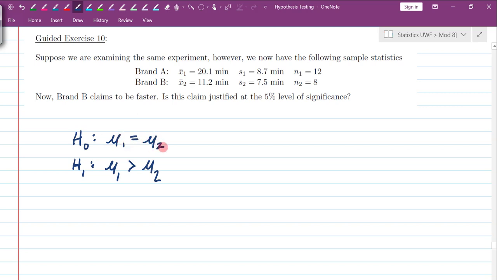So we're just going to say up here that these are equal. So that's step 1. Step 2 is what distribution? We're going to be on the t distribution because I have sample standard deviations for both populations. And then 3 is what is my critical value? My critical value is going to be t star, and we're going at 0.05, and then the smaller of the two, which is 8, so it's going to be 7 because n minus 1 is going to be 7, and we have a one-sided test, a right tail.